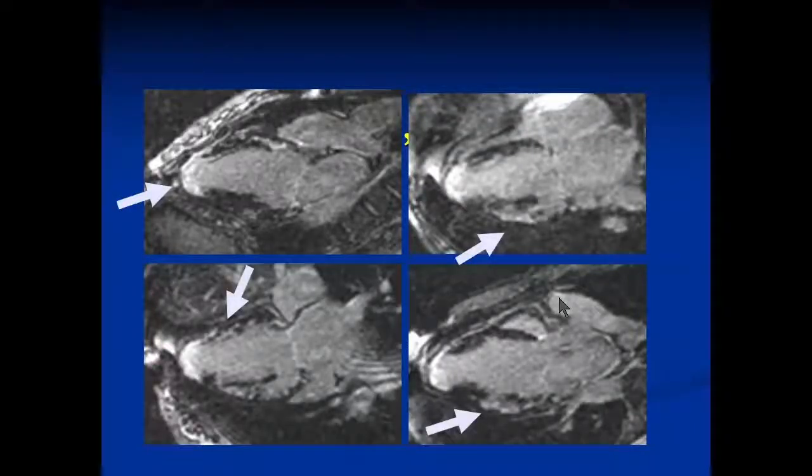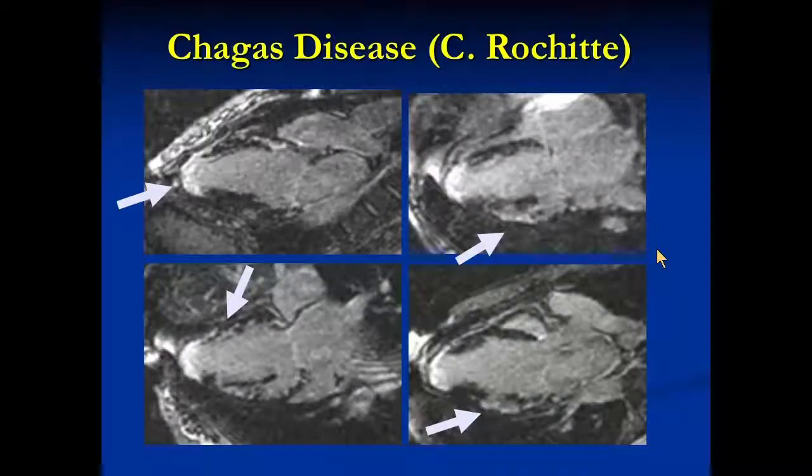Another condition, if you're practicing in South America: a lot of times when you see a lot of fibrosis, this is being caused by Chagas heart disease. There has actually been one case naturally occurring in the U.S. a couple of years ago, and for those who see a lot of patients who come from Latin America, that's a common occurrence.